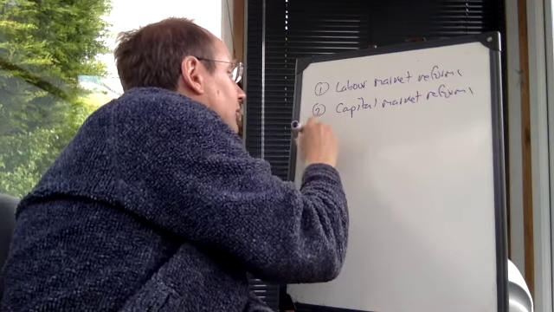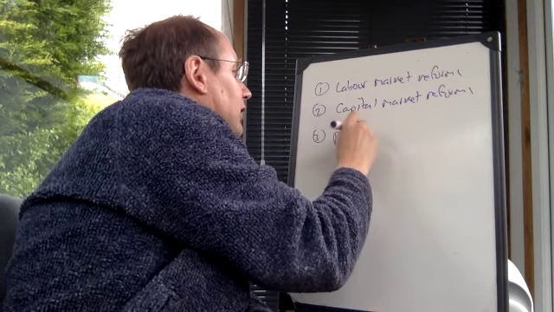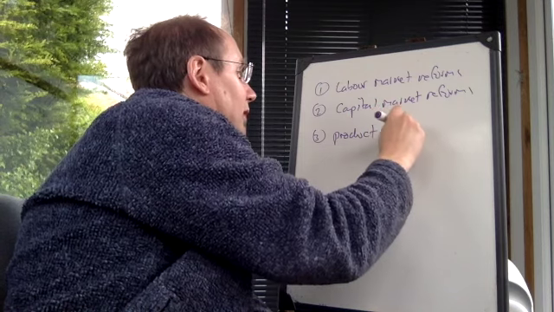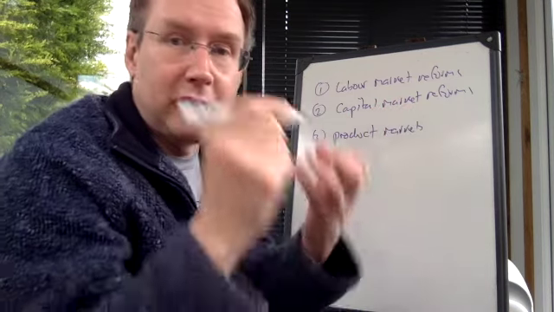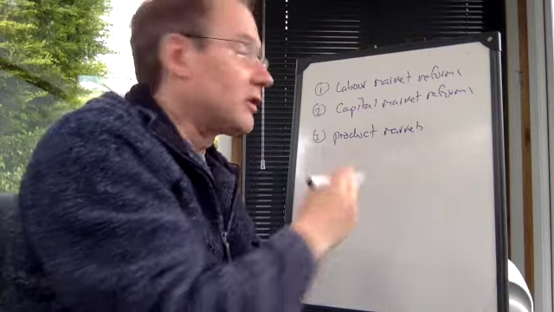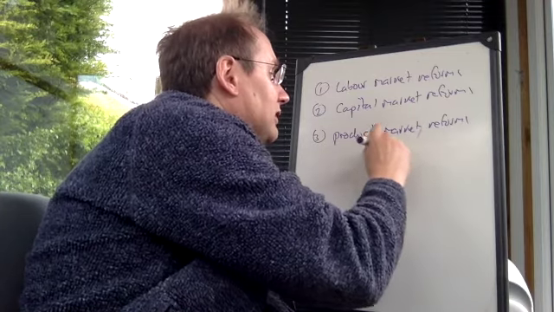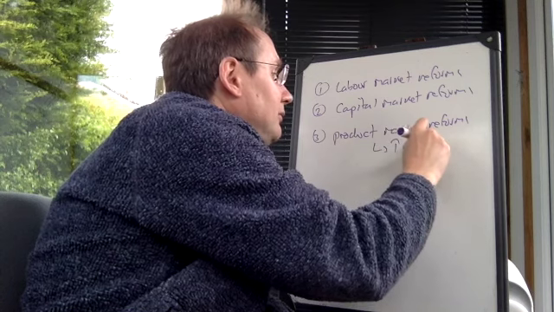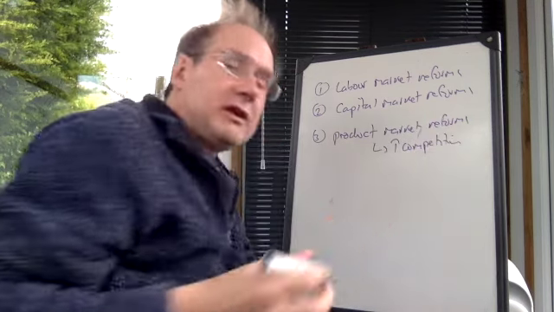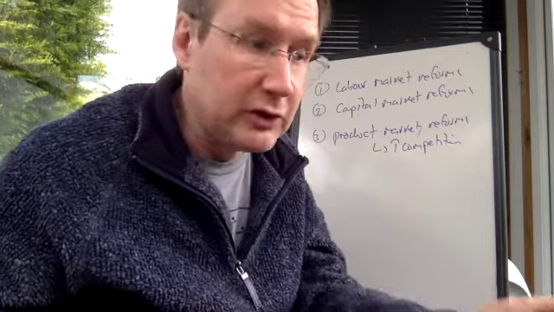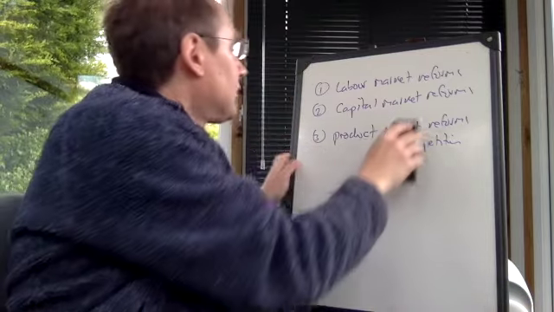And three, product market reforms. Product markets are literally the market for products, the market for cars, the market for marker pens, and so on. The goal there is to try to increase competition so that firms are challenged to use resources more effectively. So we take them in turn.